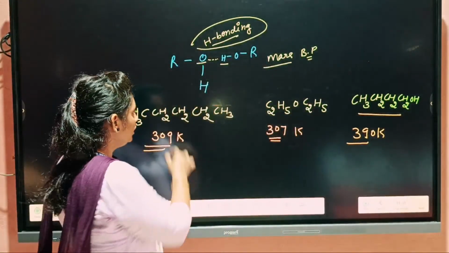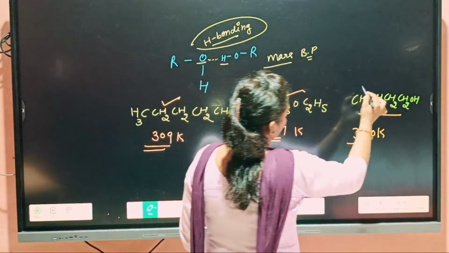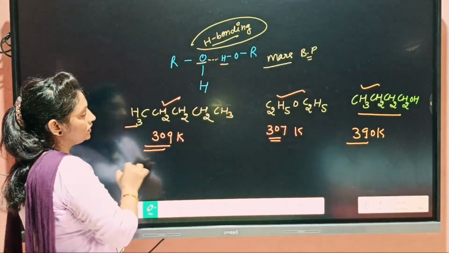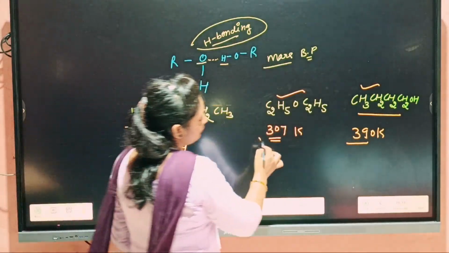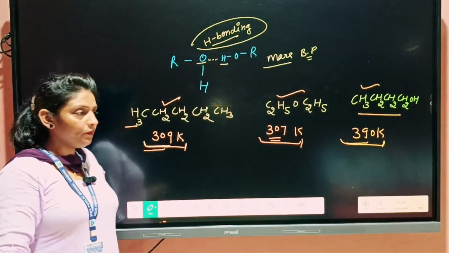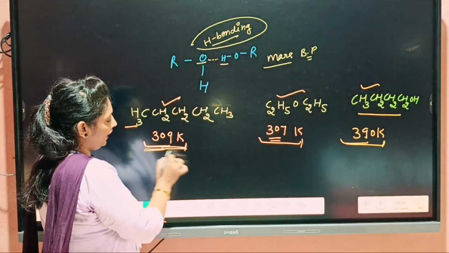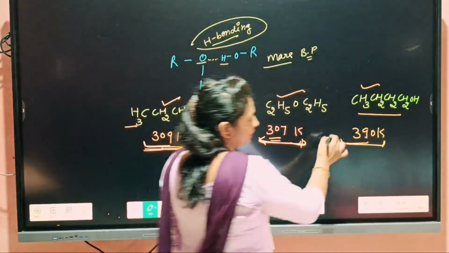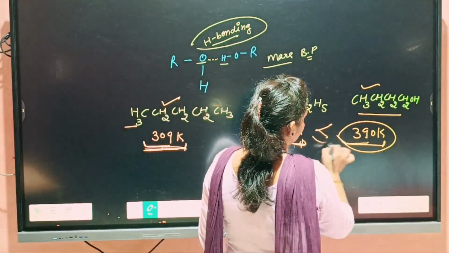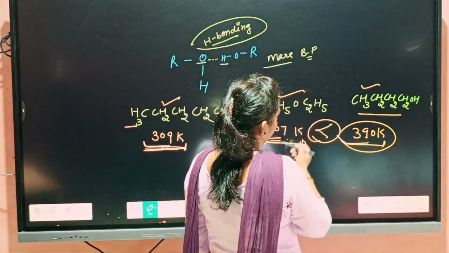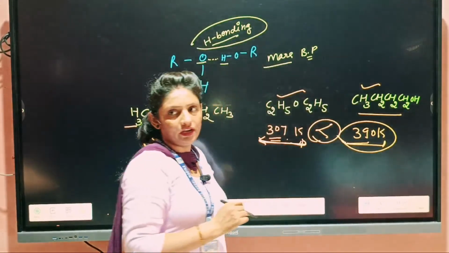You can see all these three have comparable molecular mass, but there is a difference between their boiling points. The boiling points of alkane and ether are comparable, but alcohol has a higher boiling point. There is a lot of difference between the boiling point of ether and alcohol.